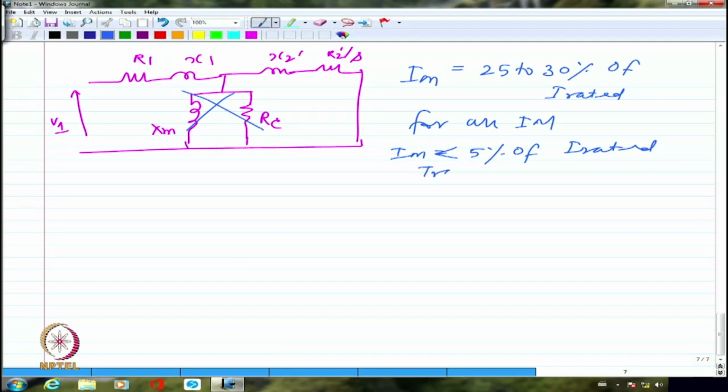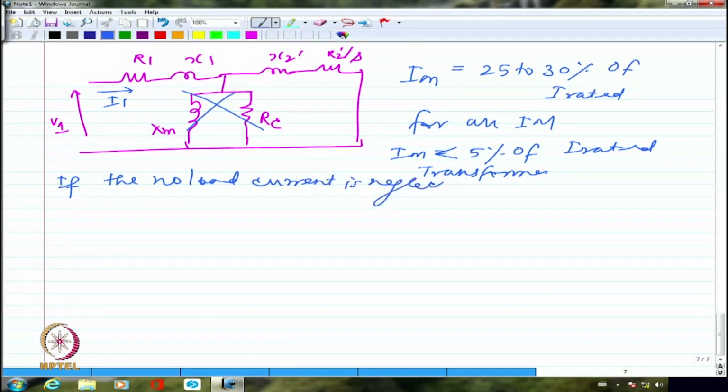This we talked about repeatedly when we were discussing transformers. Right? Look at the difference. Very clearly I can't neglect it, but for the heck of it right now I am neglecting. Okay? So if I look at the current I1, if the no load current is neglected, right?